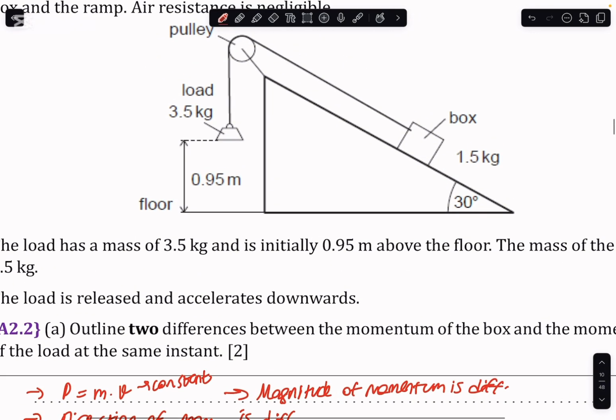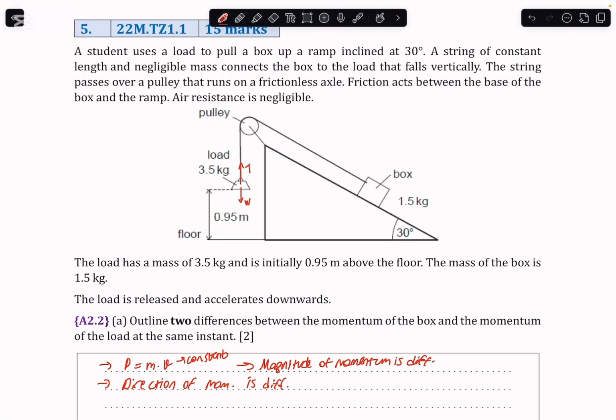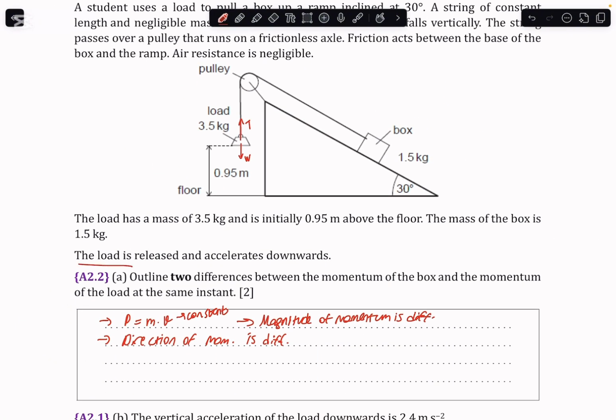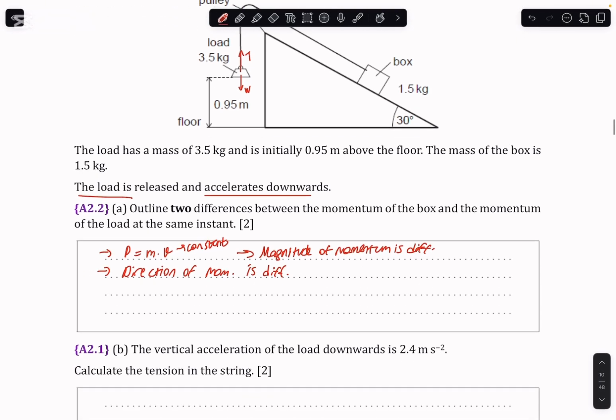If we draw a free body diagram, we have the load's weight pointing downwards, and a tension force coming from the pulley and the box, pulling the load up. But the load is released and accelerates downwards, meaning the weight is ultimately larger than the tension.